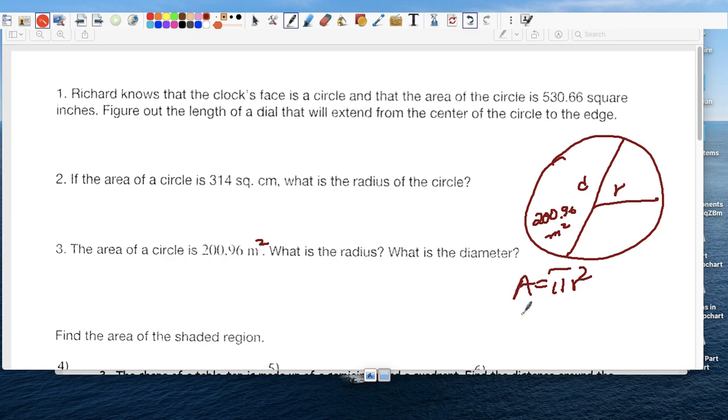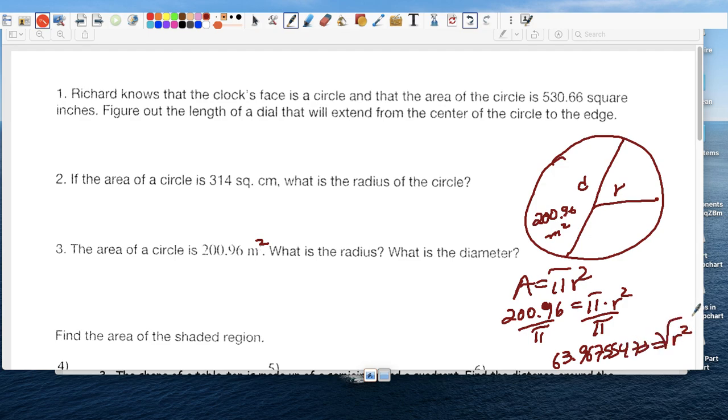And again, 200.96 equals pi r squared. We're going to divide this side by pi and this side by pi. 200.96 divided by pi equals 63.97, that's r squared.